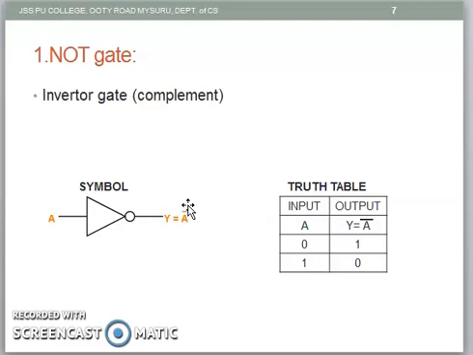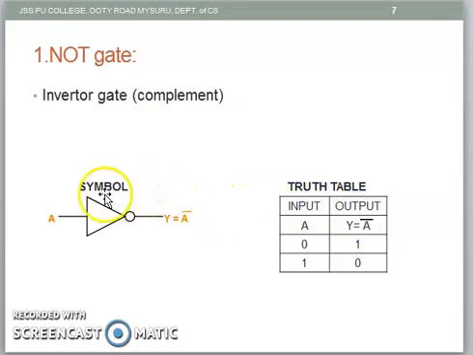I think you already know the concept of the ones complement from your first year classes. What's the ones complement of 0? Yes, it's 1. The ones complement of 1 is 0. Like that, the NOT gate reverses the state of the input signal and provides the opposite signal. The ones complement of A is A bar.